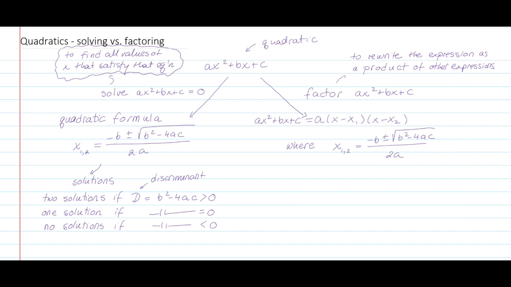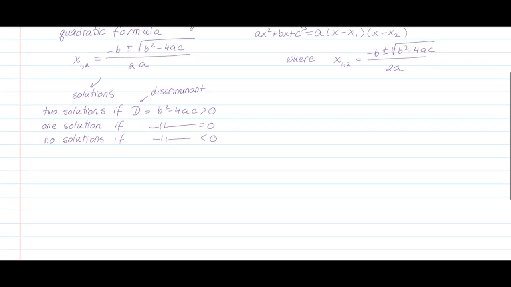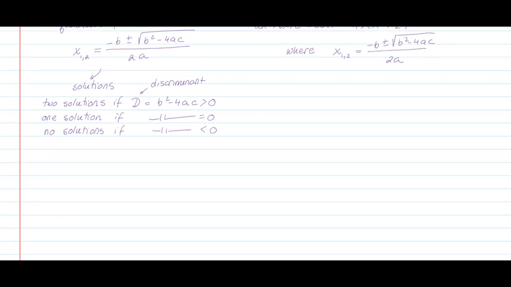Now, let's see if I can consider an example. So here, let's say I'm talking about a quadratic that looks like this, 6x squared minus 66x plus 168.